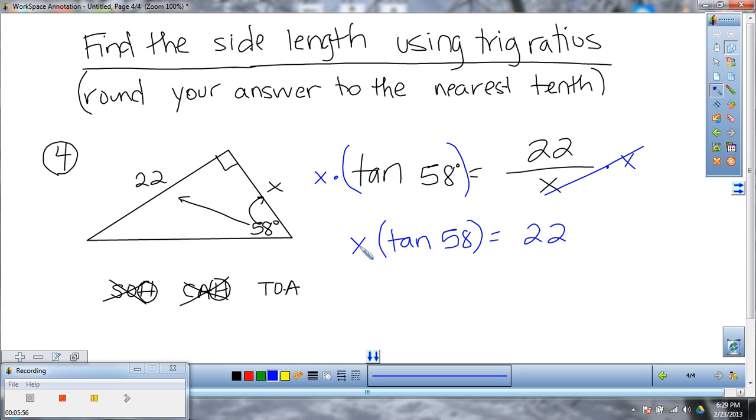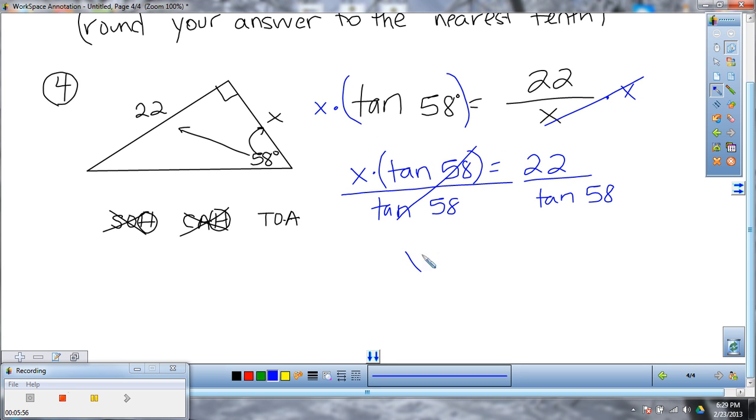Since I want to get x by itself, I can divide by the tangent of 58 and divide this side by the tangent of 58. That cancels. So now I have isolated x, which is what I'm trying to find, and I have 22 divided by the tangent of 58.